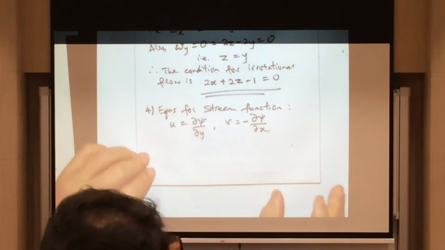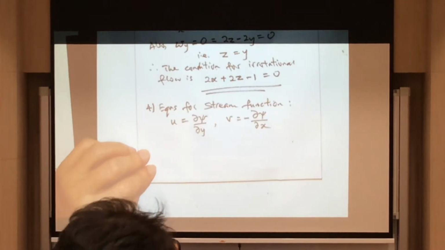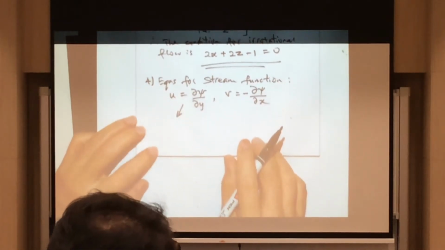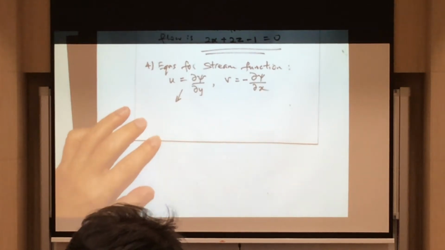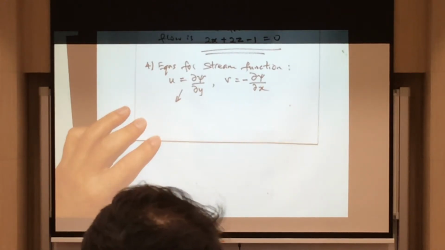Now, from here, u is equal to del psi del y. So what is u? The given expression for u is x plus y plus z squared.